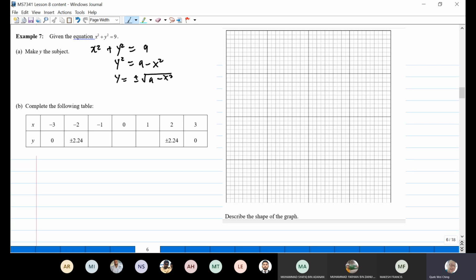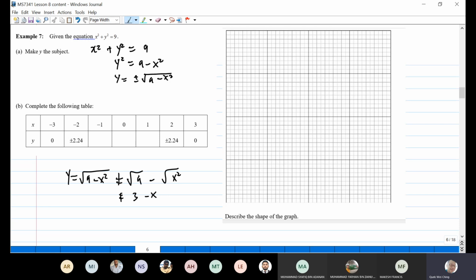Then you cannot simplify further. Also, if you have y equal to square root of 9 minus x squared, some people would like to do square root of 9 minus square root of x squared. This is not allowed, because you would get 3 minus x in this case. Definitely not allowed, so don't make this kind of mistake.